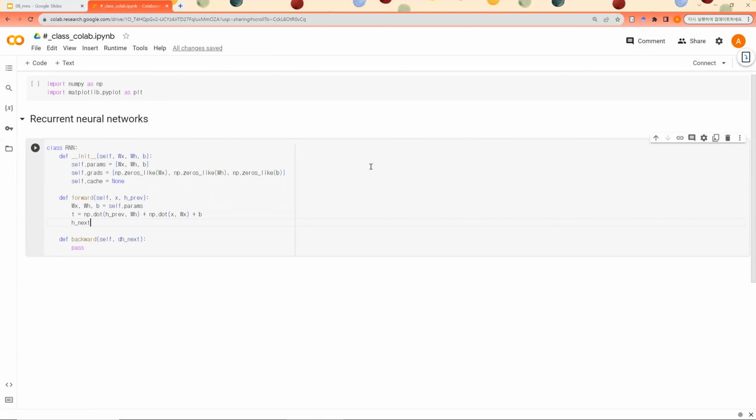We calculate the next hidden state using hyperbolic tangent like this. And in our cache, we're going to store x, h previous, and h next. Okay, this is quite easy. And for the backward, this is our first PPP exercise. Think about this on your own and see you in the next video.